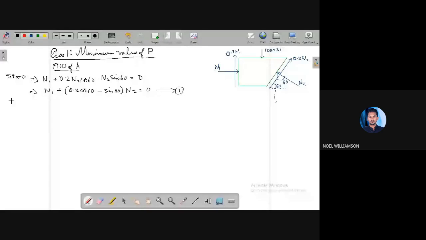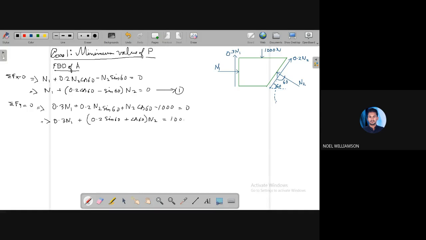Then sigma Fy equal to 0 implies 0.3 N1 plus 0.2 N2 sin 60 plus N2 cos 60 minus 1000 equal to 0, which implies 0.3 N1 plus (0.2 sin 60 plus cos 60) into N2 equal to 1000.